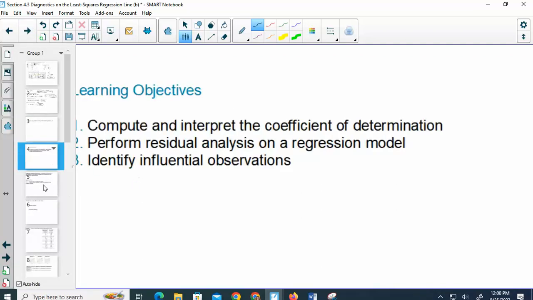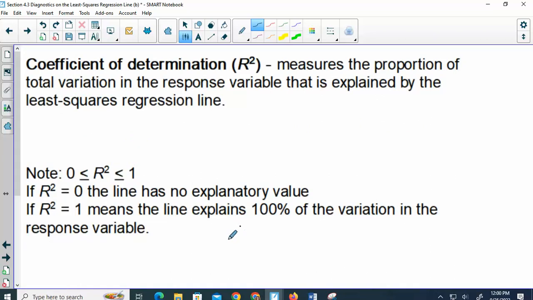So we are talking about the coefficient of determination today. It is on your formula sheet. They call it capital R squared, but it's the same thing as lowercase r squared. When I did a linear regression on my calculator, it tells you a equals, b equals, R squared equals.